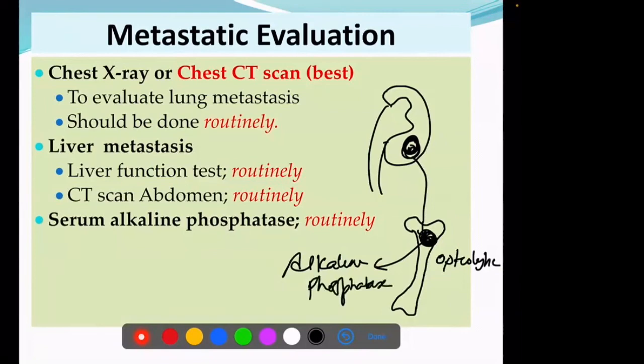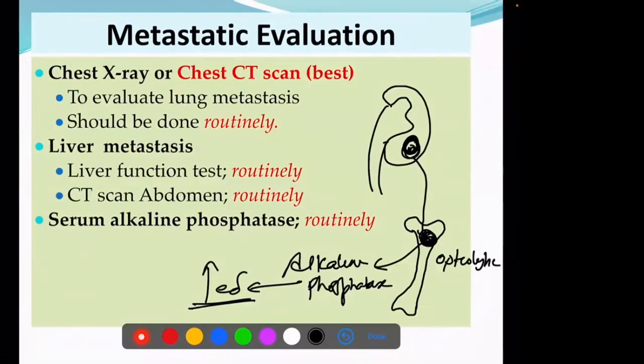Obviously, when there's damage, new bone tries to form, and at that time this alkaline phosphatase is released. So whenever there's increased alkaline phosphatase above the normal value, we suspect there could be bone metastasis. Not sure, but we suspect.